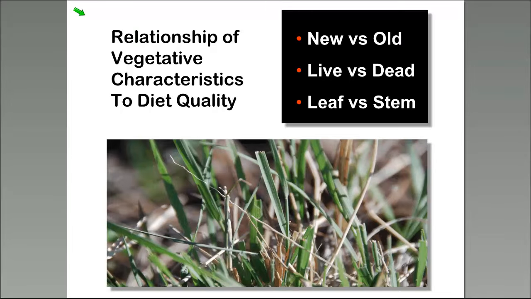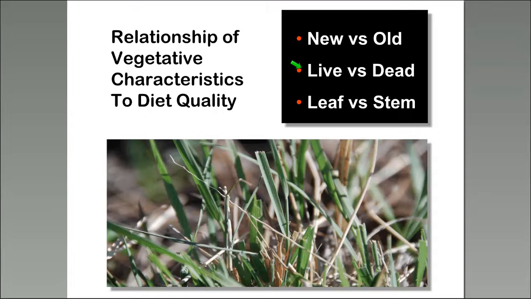So forage quality is going to be dictated a lot by the vegetative characteristics, the size, shape, and point in the growing season that particular plant is at the time that it's being grazed. You'll see that animals, if they're going to choose forage, are basically going to try to choose new growth over old.